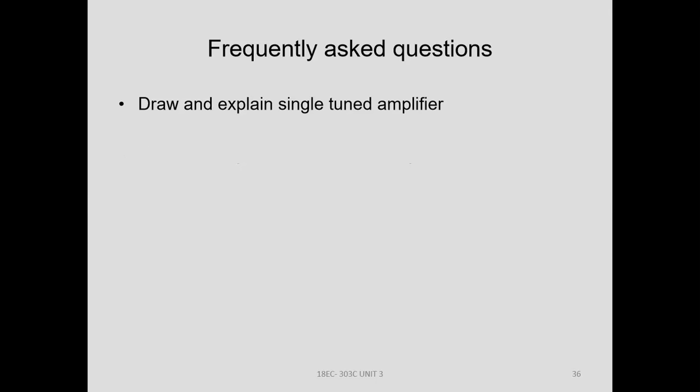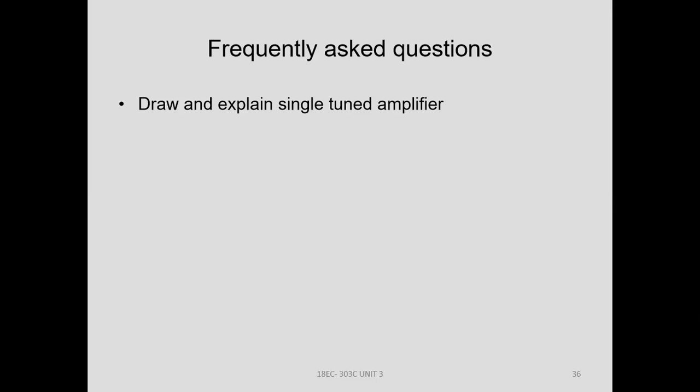And what are the limitations of this single tuned amplifier? We can expect this in short answers. What is the limitation of the single tune amplifier? It means poor signal reproduction. This is because of high Q. Why should this Q factor be high? For high selectivity, the Q should be high.